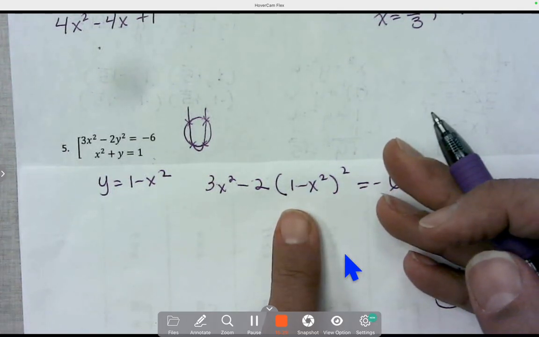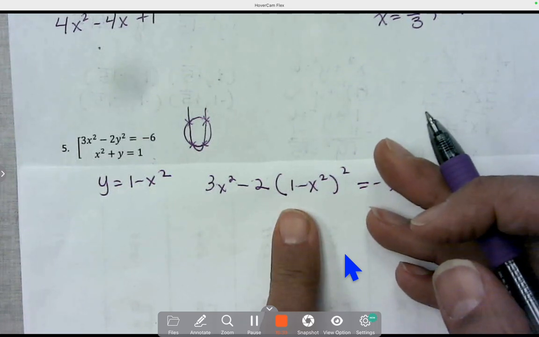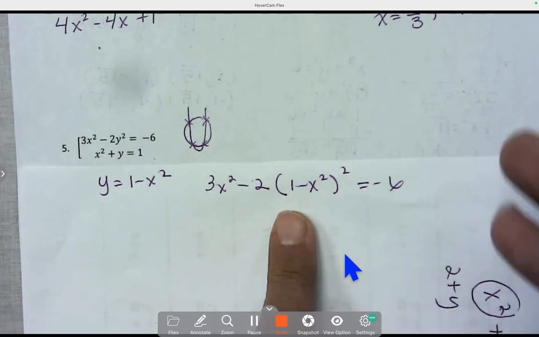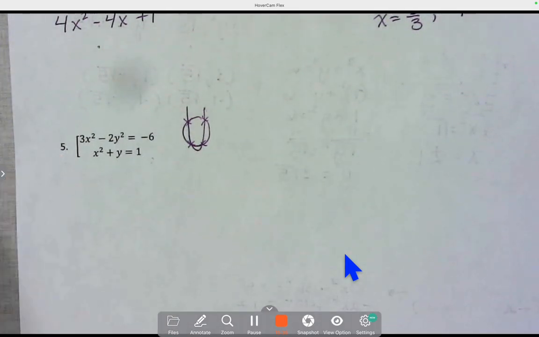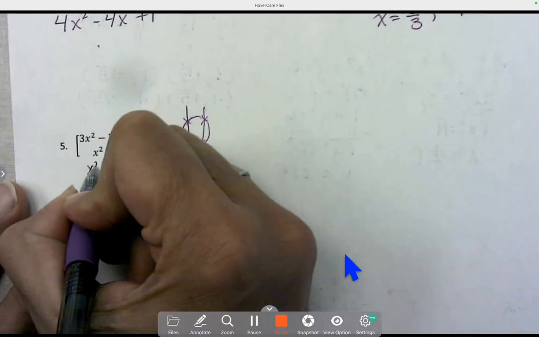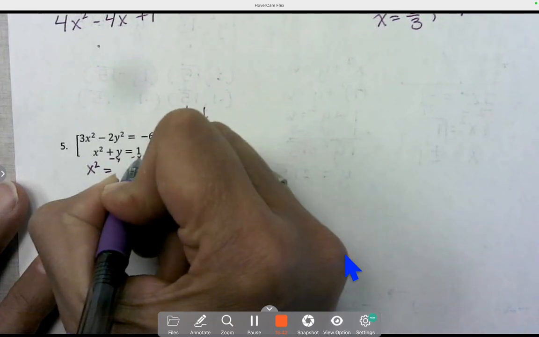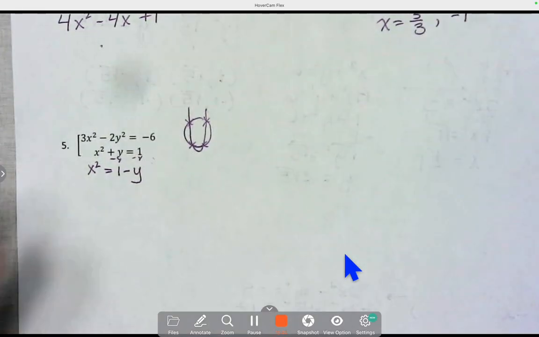Then you're going to have to go through that whole process, what I taught you in Unit 3, and it creates a lot more work. So instead, we're going to solve for x squared. If I subtract y, x squared is 1 minus y.